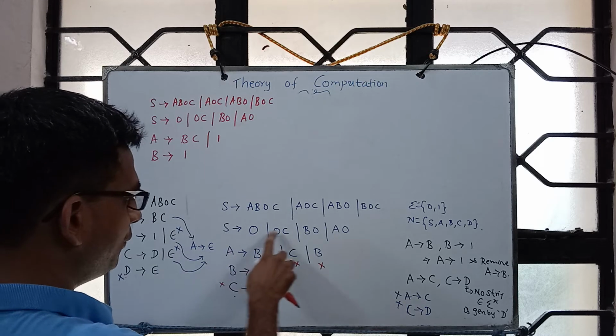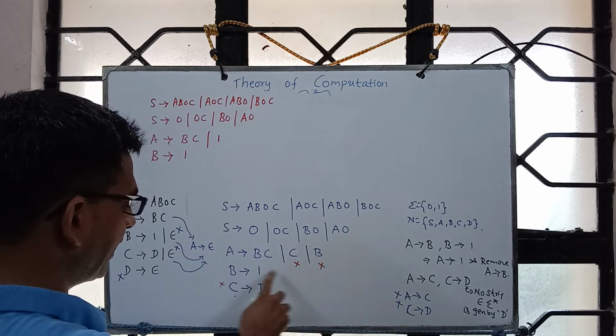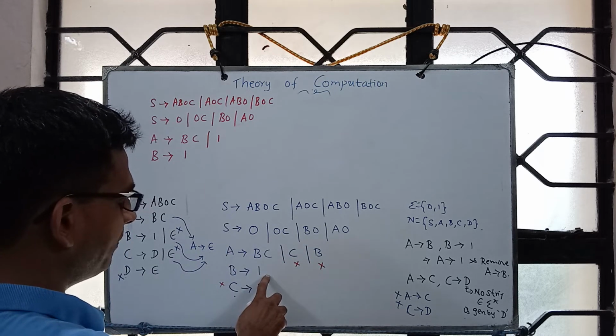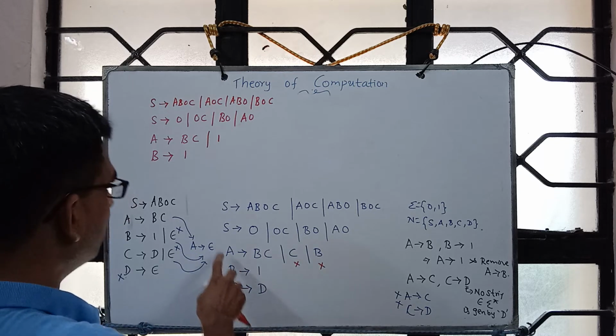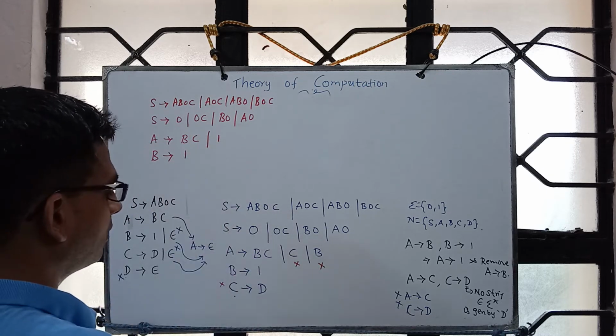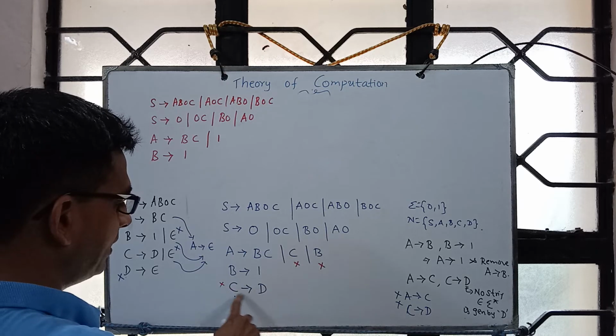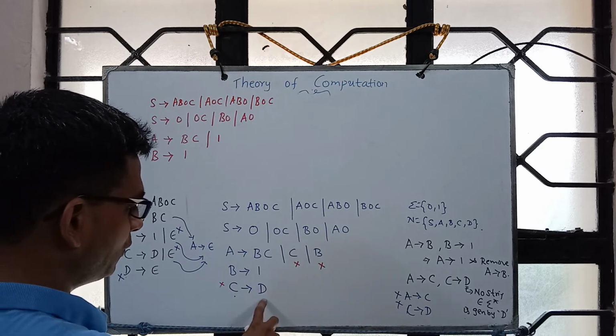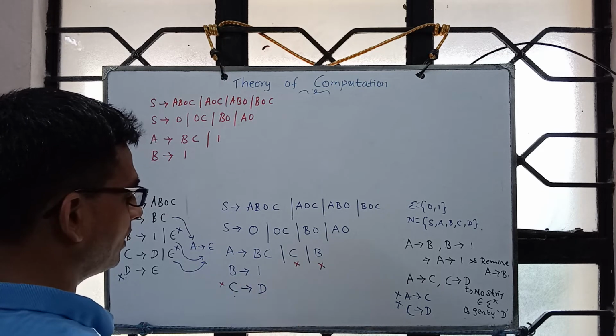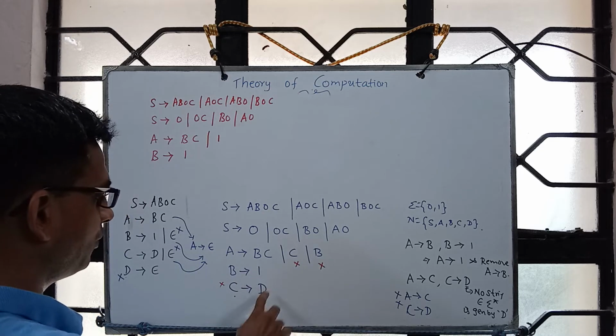But when we remove A implies B, we check what all terminals it can reach, and those are captured. But A implies C, C implies D, there is no further production from D, so we remove this.